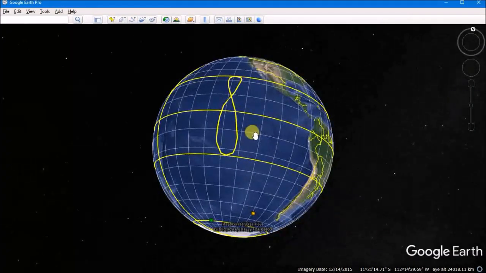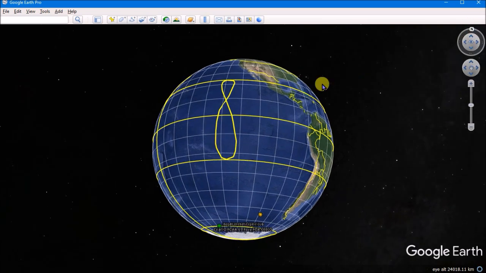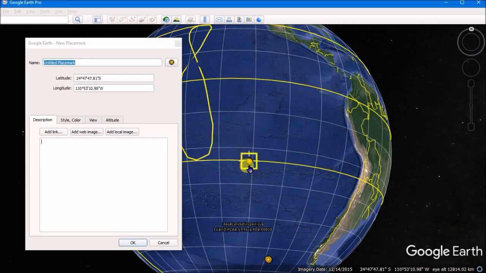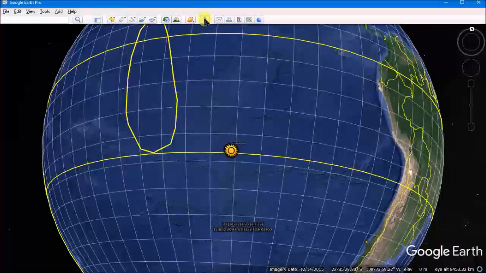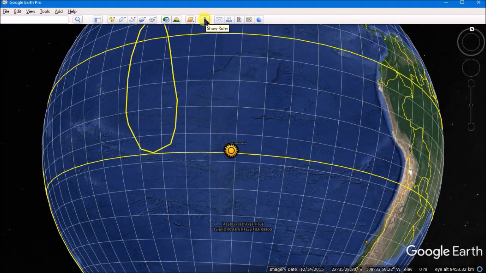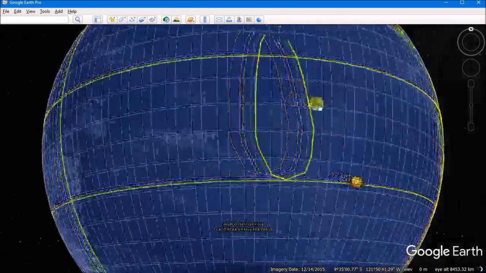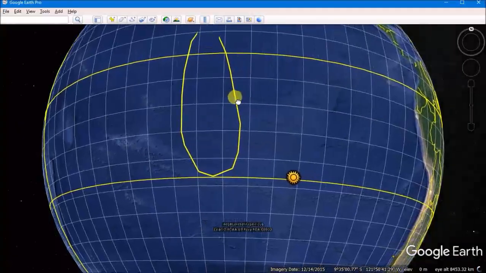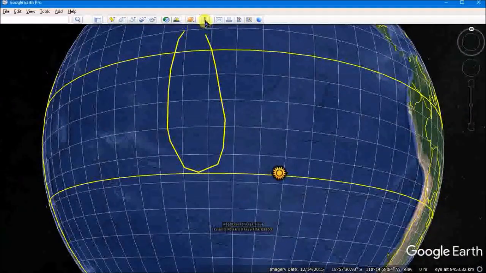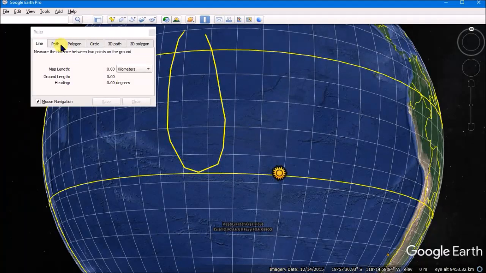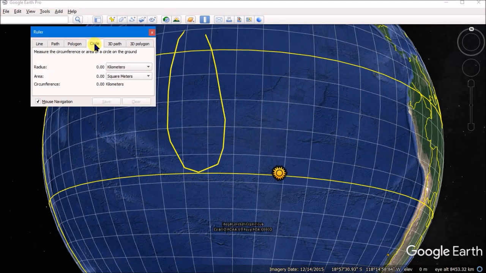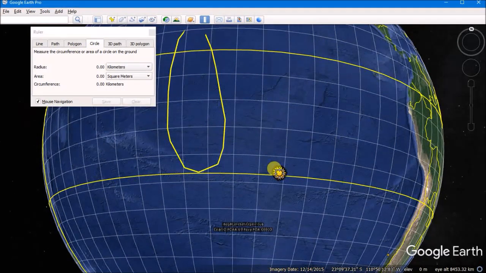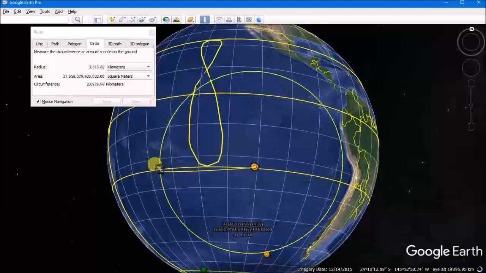So what I'm going to do is put the subsolar point for some day in the summer. From this point, I'm going to make a circle of light. That's half a sphere, right? So I select a circle, and from here I make my circle.